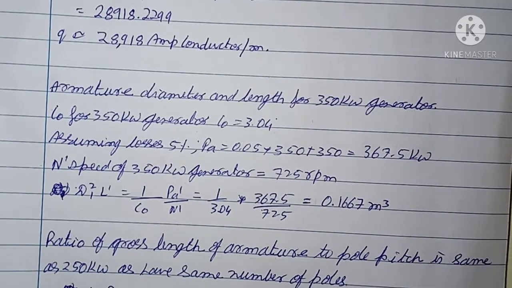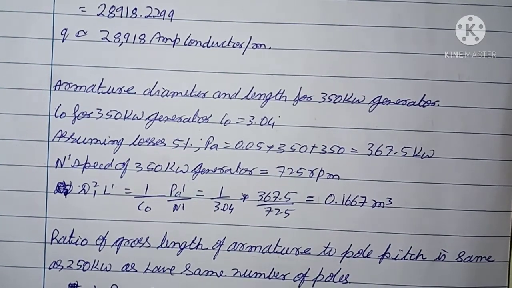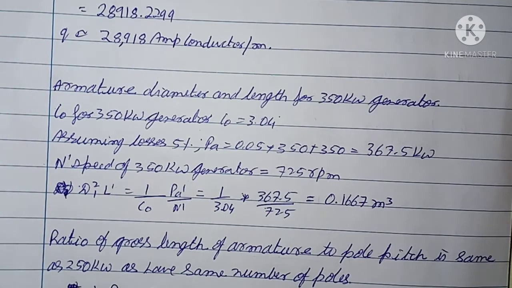Next, going to the dimensions for the 350 kilowatt generator. They said it is the same design data as for the 250 kilowatt, so we take C0 as 3.04. Again assuming 5% losses, for 350 kilowatt we get 367.5 kilowatt.